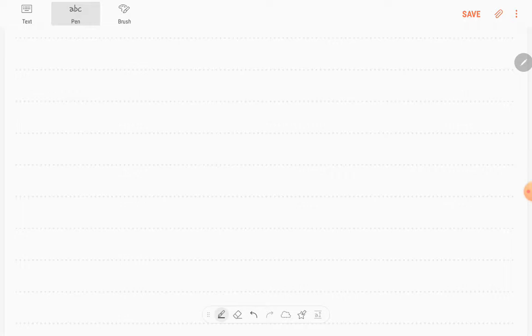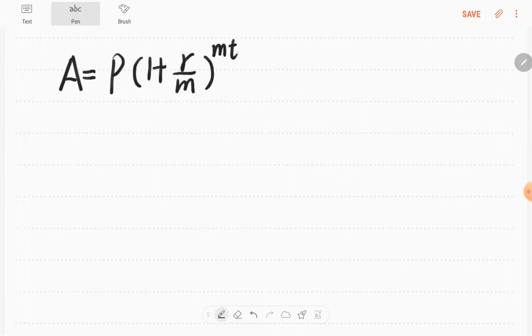The formula for the compound interest is given by A equals P times 1 plus R over M, to the power M times T. So this is the compound interest. I will explain each letter.